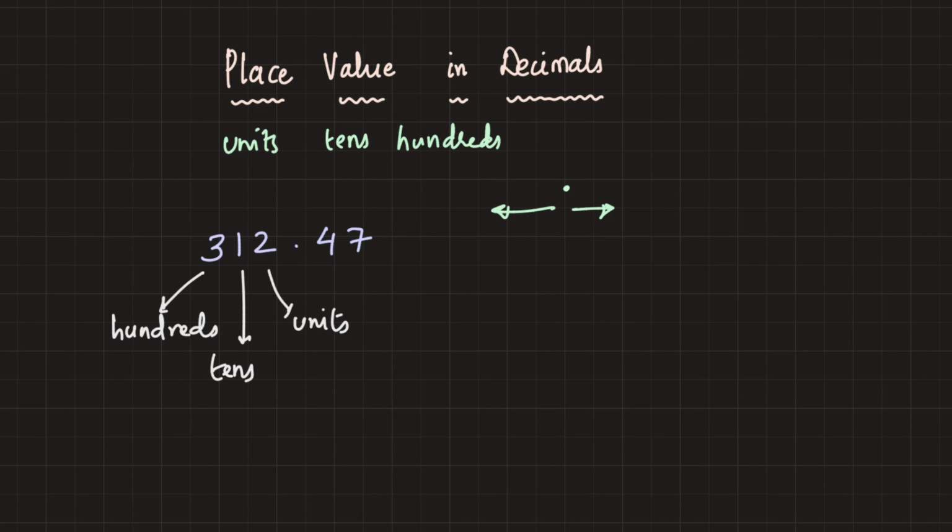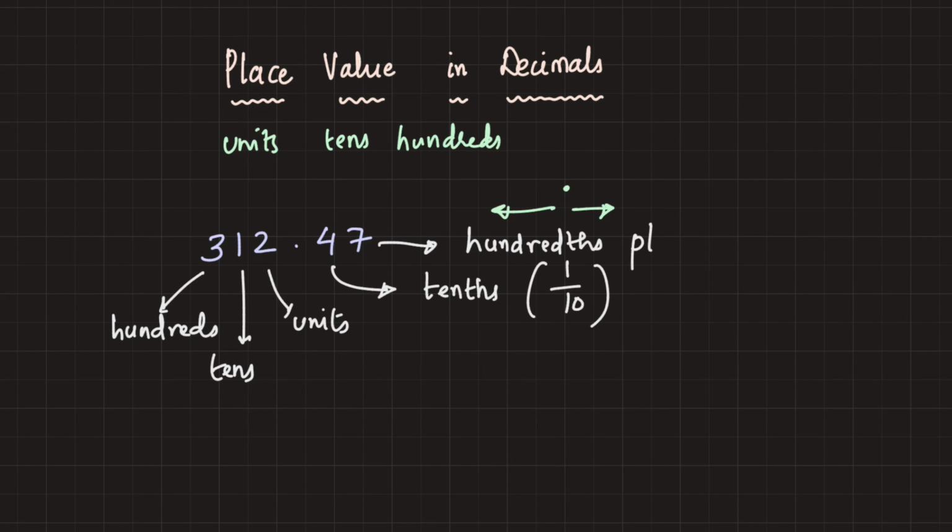Now extending this further, after the decimal point, we say that 4 is in tenths place, that is 1 by 10. Similarly, 7 is in hundredths place. That is 1 upon 100.